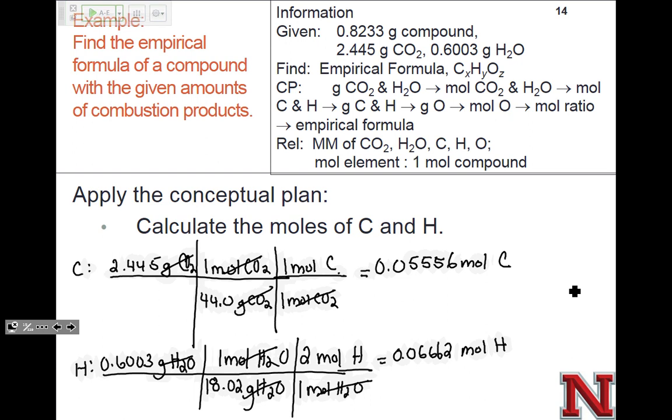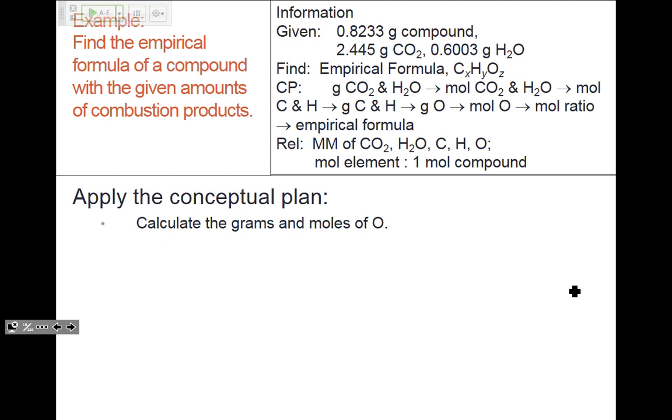We're trying to figure out our empirical formula. So our only option is to convert these things to grams and then use our total. So that's our next step. To calculate our moles of oxygen, we have to first calculate our grams of carbon and grams of hydrogen.